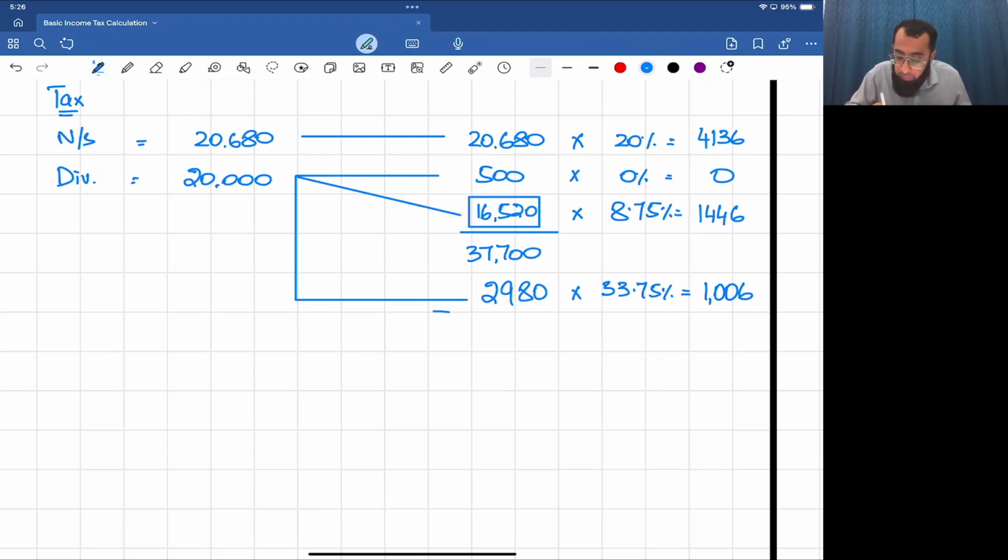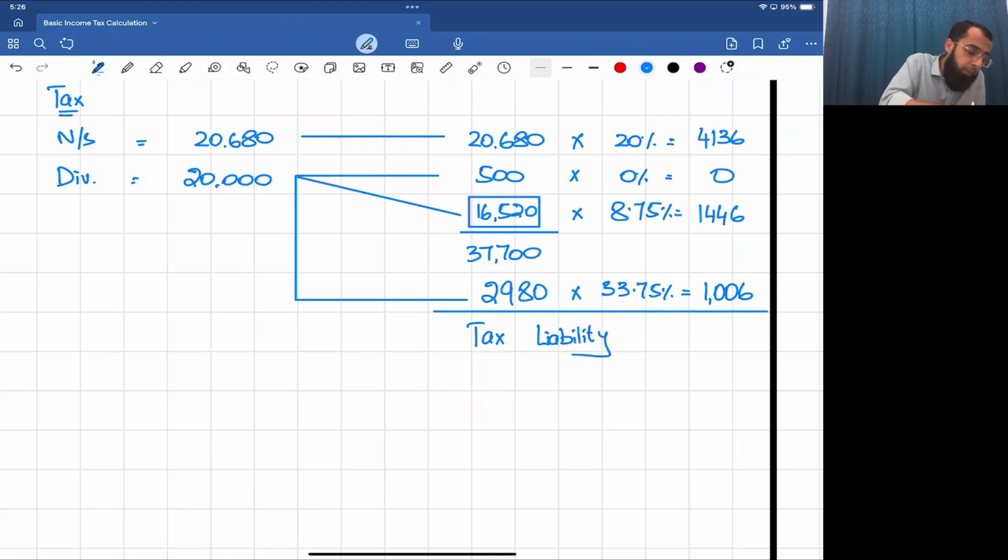You add up all of them to arrive at the value of tax liability. Okay, 4136 plus 1446 plus 1006. 6588. Here in this question, there was some advance tax paid on real estate investment trust.